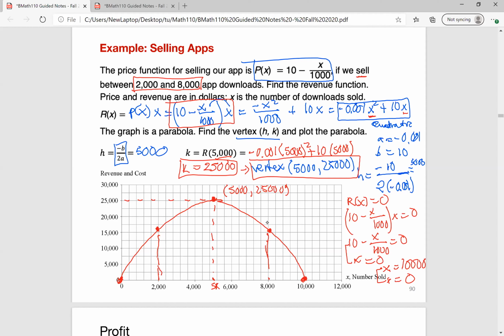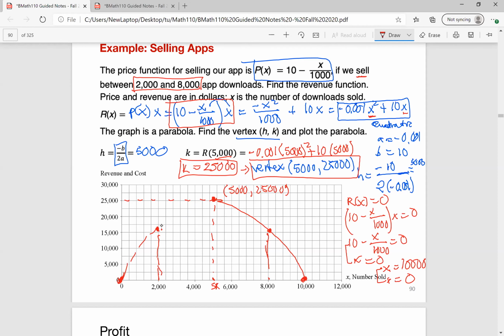So then you don't need to have the graph in between from 0 to 2,000. So let me just have a dotted line to there, and then this one will go up.